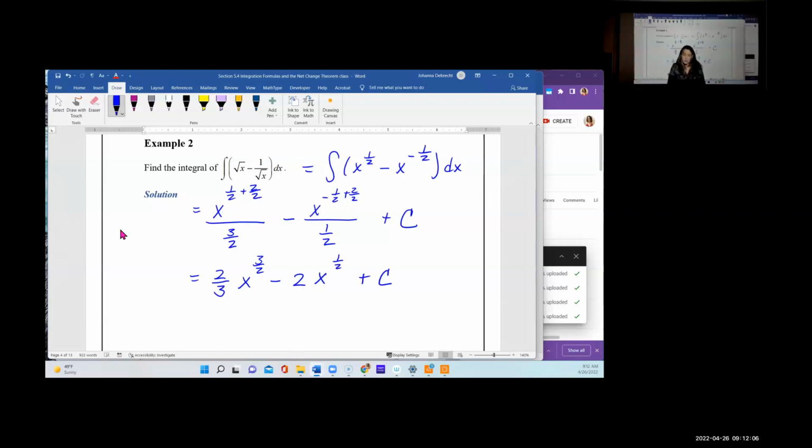Now you could also rewrite it in terms of square roots. If you wanted to write it in terms of square roots, you could write it as 2/3 the square root of x cubed minus 2 square root of x plus c, whichever one of those most appeals to you.